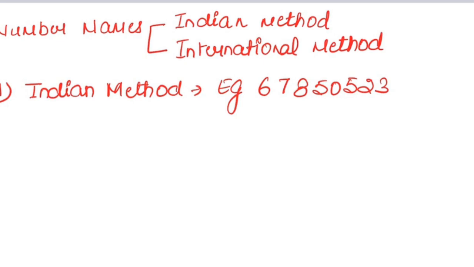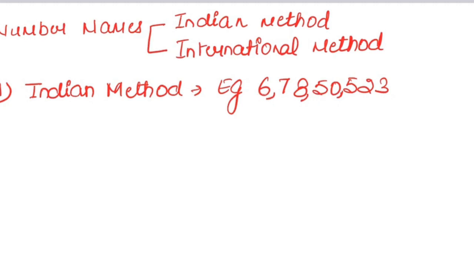In the Indian system of numeration, commas are used to mark thousand, lakh, crore and so on. So we will put the commas from right hand side to left hand side. First we will use 3 digits, then comma, then 2 digits, then comma, then 2 digits, then comma. This is the Indian method. Okay. So we will find out how to use this method.